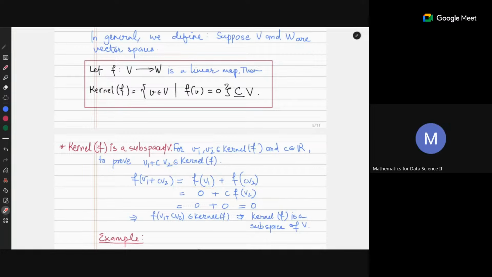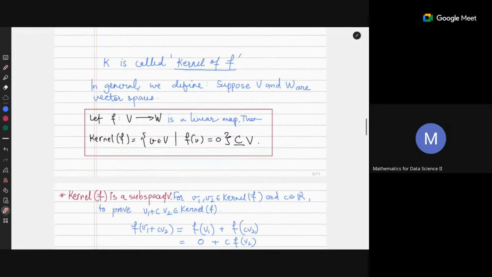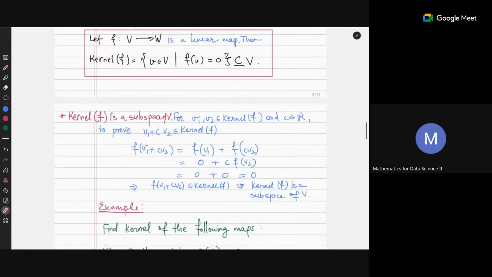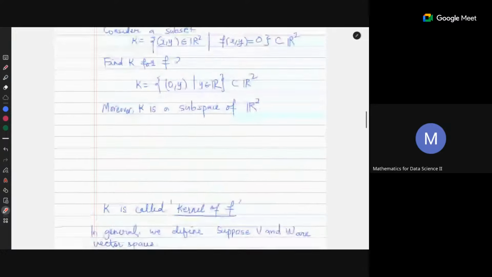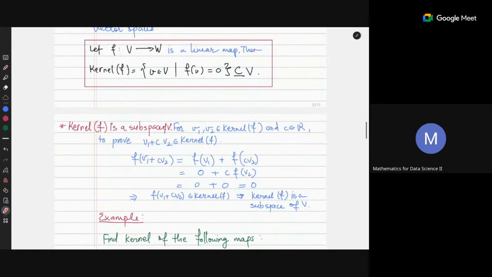By the definition of the kernel, its image should be 0. Image is 0. Okay. Right? Make sense? Yes, sir. Thank you, sir. Okay, good. So kernel of f is also a subspace of V. That is clear. Not just in this particular case, but in generality also, it is a subspace of the domain.